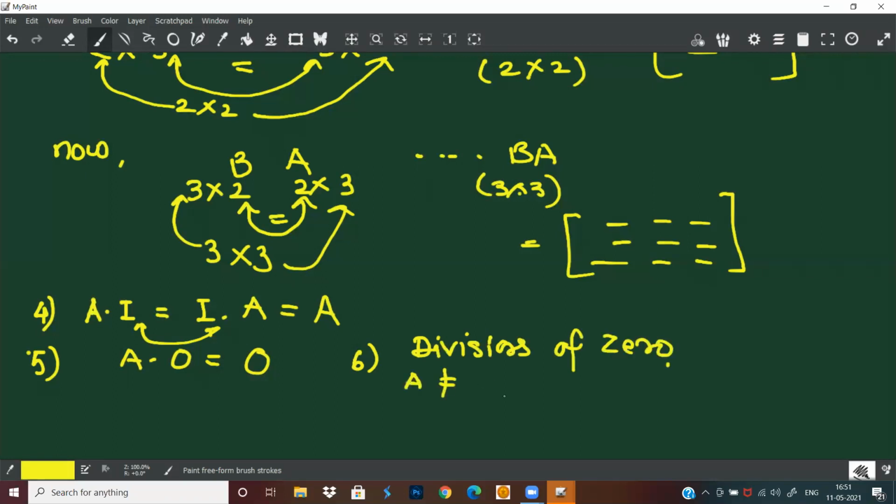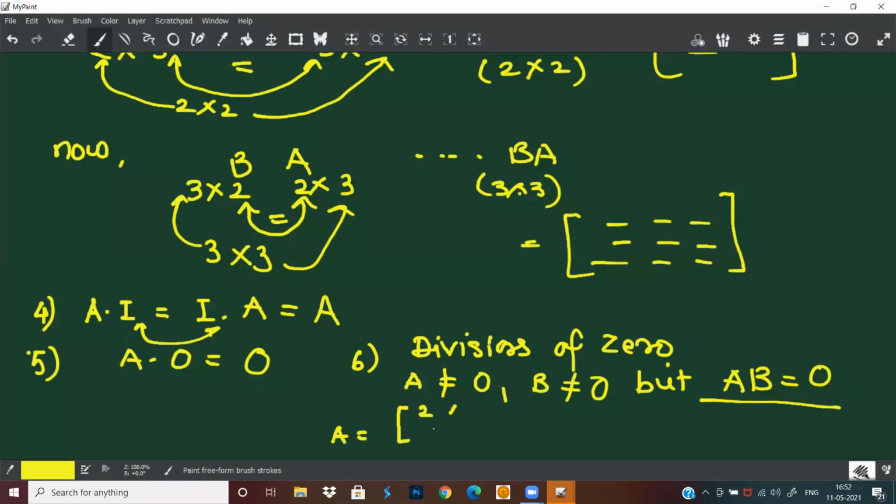Matrix A is not zero. Matrix B is not zero. But the product of the two is zero. Funny, na, in algebra? A is not zero, B is not zero, but AB is zero. I told you last time.